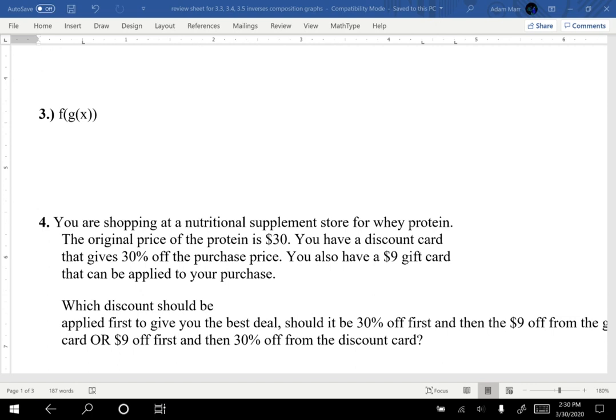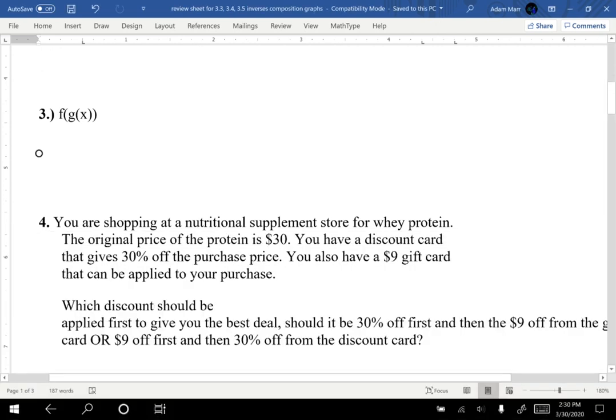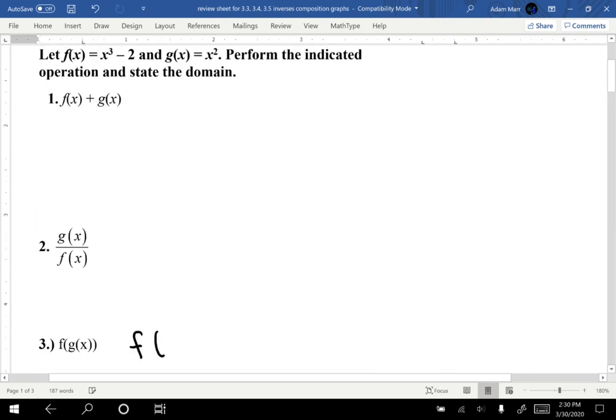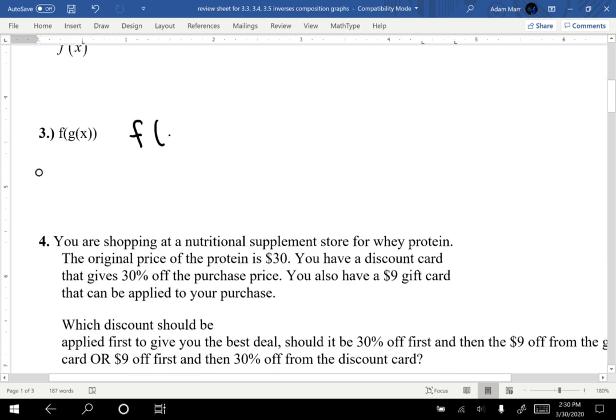In this case, g of x looks like x squared. So we're talking about f of x squared. You can put it underneath there, I'm just doing this to save space. So the second step is f of x squared.